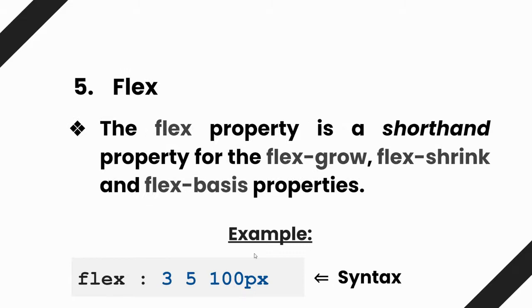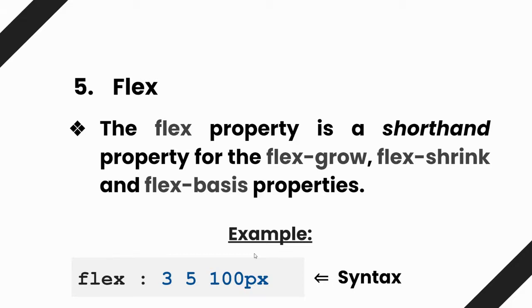Next, we have the flex property. Now, this property is a shorthand property for the flex grow, the flex shrink, and the flex basis properties. So the three properties we've seen can actually be merged in this property, and you can have the values of the three of them right here. So the flex property is defined in the order of the flex grow, the flex shrink, and the flex basis.